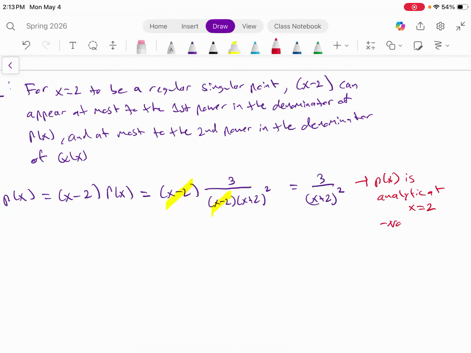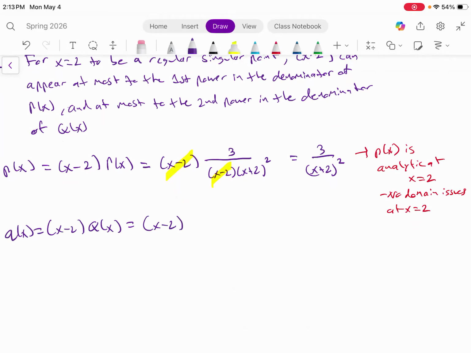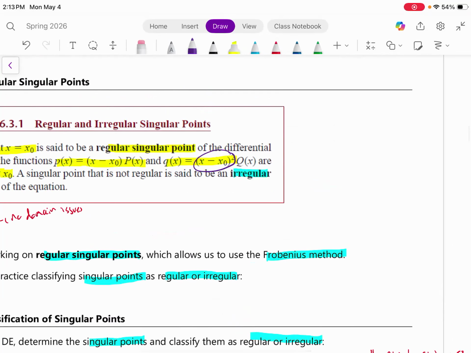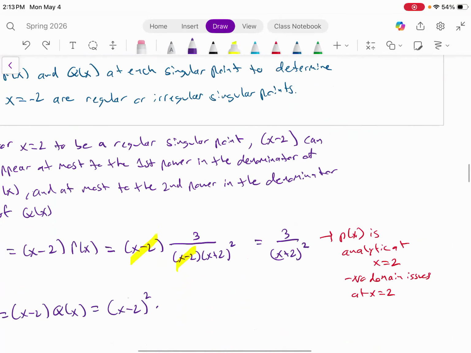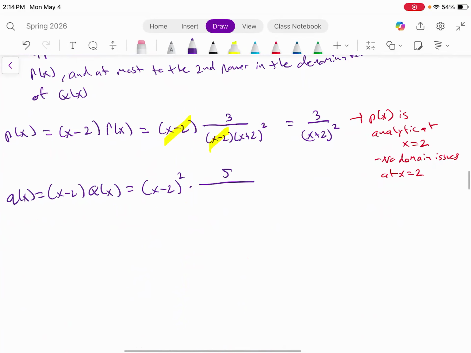Okay, what does that mean? No domain issues at x equals 2, right? Because it's just x plus 2 there. No issues. All right, so same idea with little q of x now. It'd be x minus 2 squared times capital Q of x, I'm getting it from up here, times Q of x, which is 5 over x plus 2 squared.